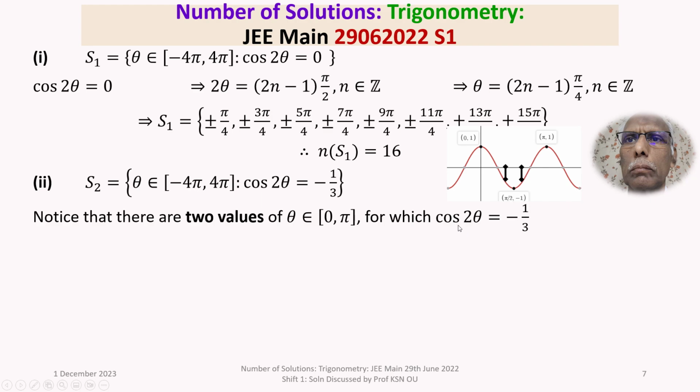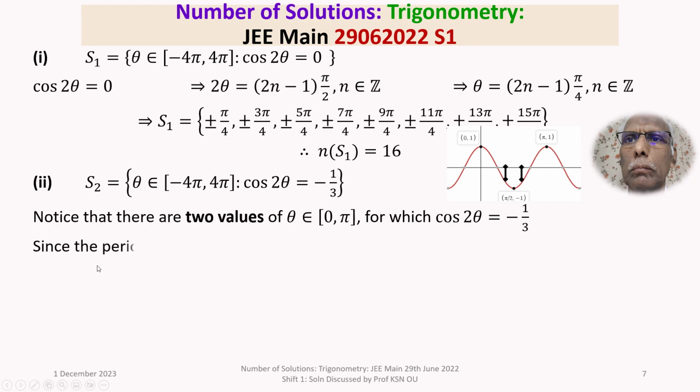So in every interval 0 to pi, pi to 2 pi, 2 pi to 3 pi, like that, 4 arches will be there, and in the negative direction, 0 to minus pi, minus 2 pi to minus pi, and so on and so forth.